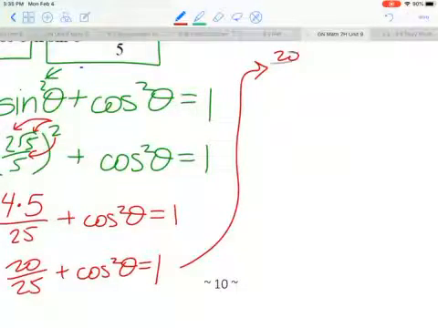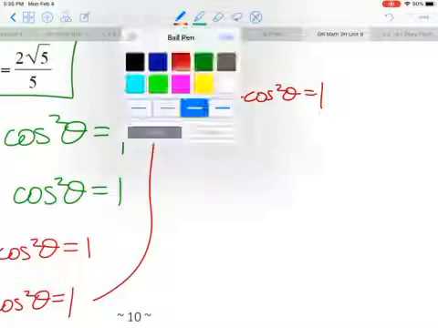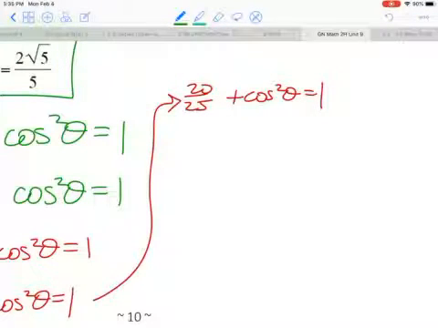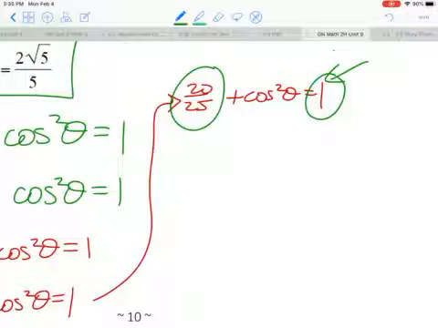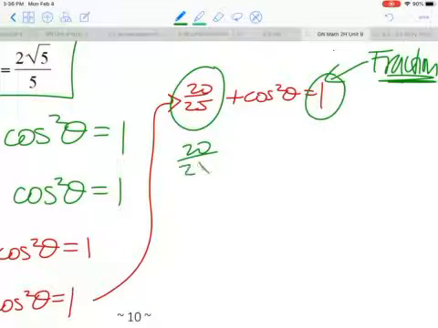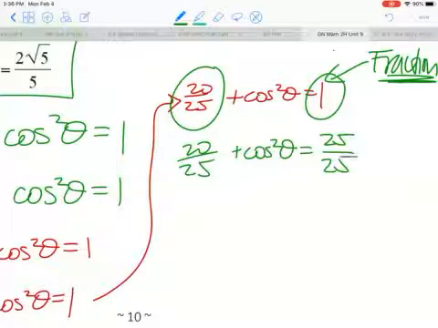So we have 20 over 25 plus cosine squared equals 1. Now notice here, if I want to use this 1 in the fraction, we have to make this a fraction. So I'm going to make this 25 over 25. Nice and simple.